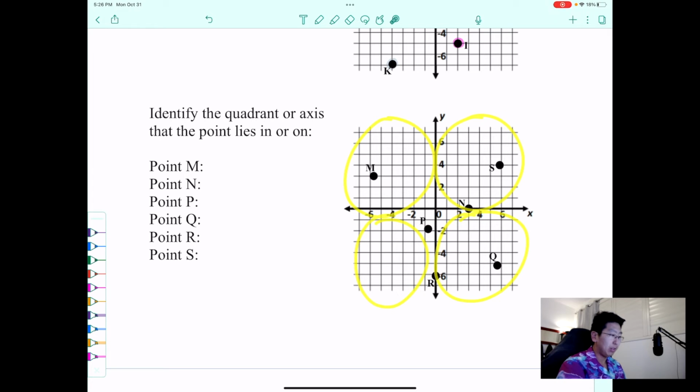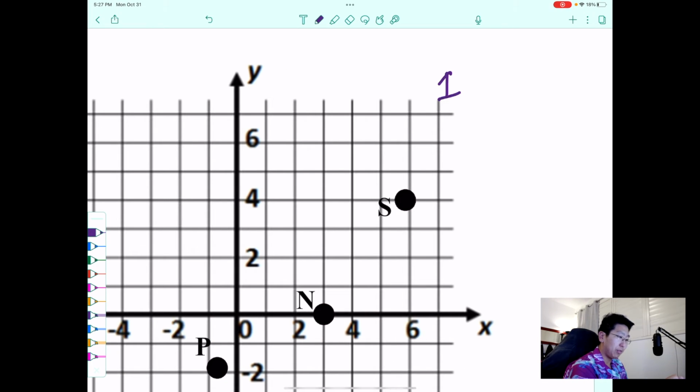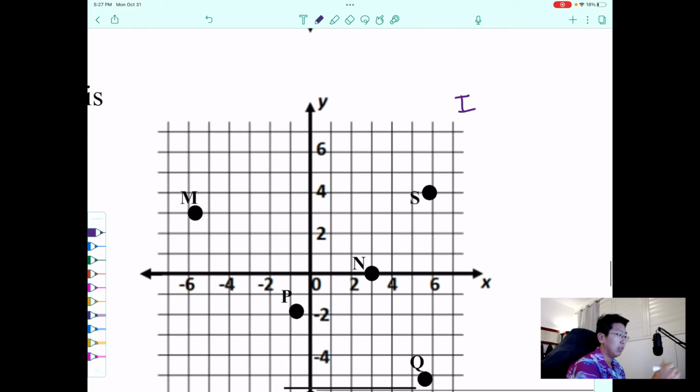And if you remember, quadrant 1 is actually not where you think it is. A lot of students are going to say this is quadrant 1 because you read from left to right, right? This is actually quadrant 1 right here. Let's use Roman numerals, so I'll say I. It looks like an I, but Roman numerals are how the Romans counted a long time ago.